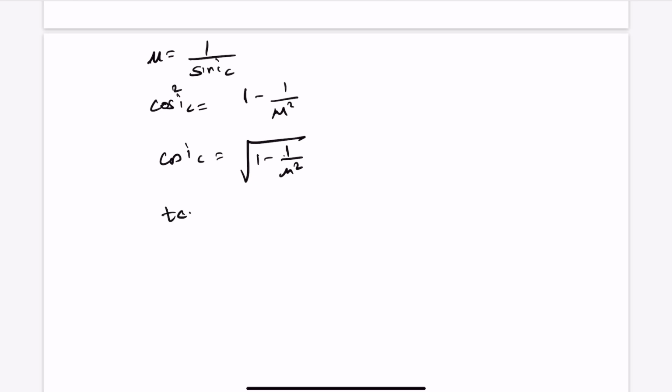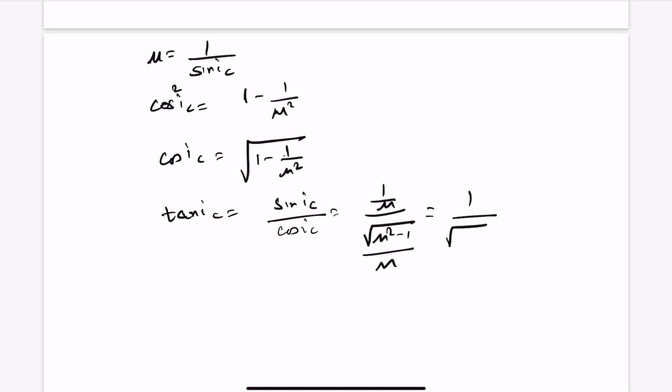Tan IC is equal to sin IC by cos IC, that is equal to 1 by mu by root of mu square minus 1 by mu. So that is equal to 1 by root of mu square minus 1.